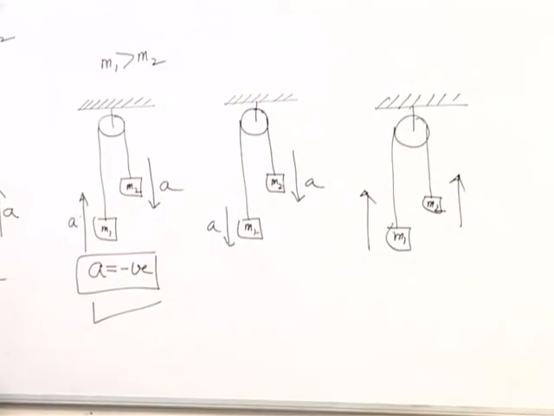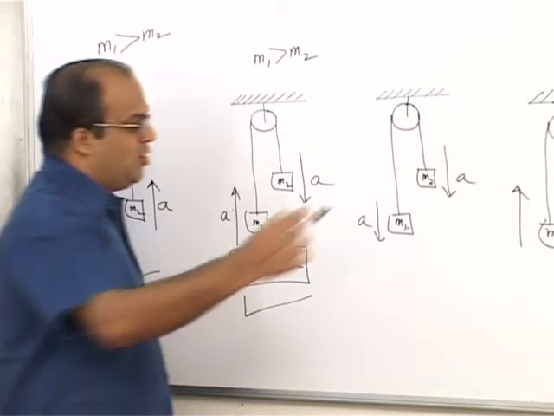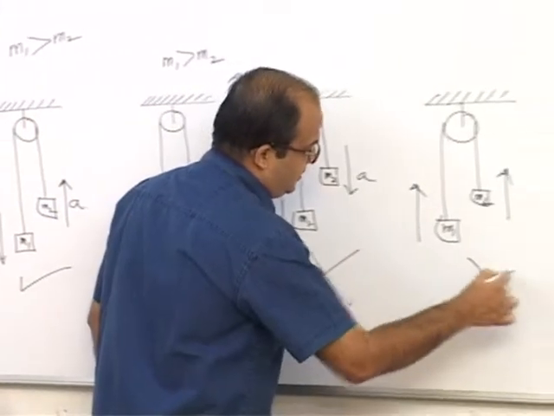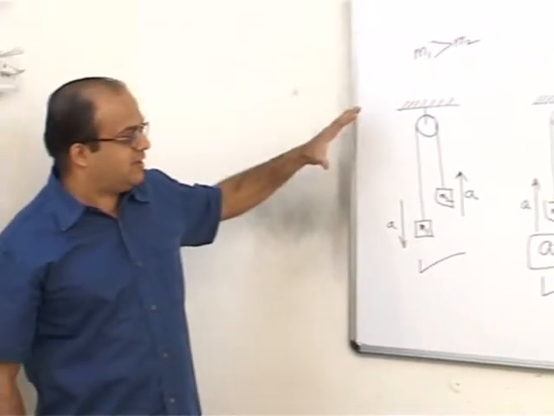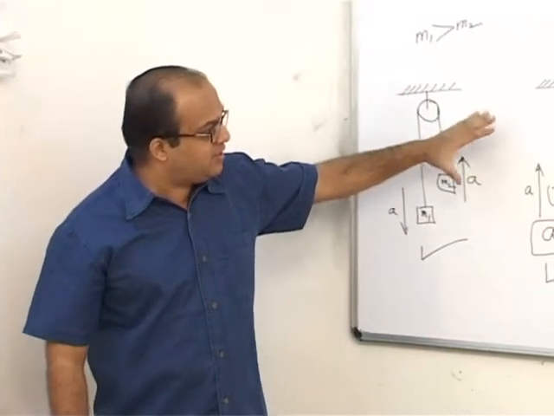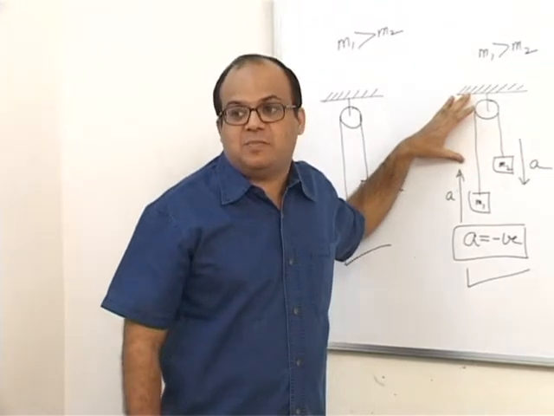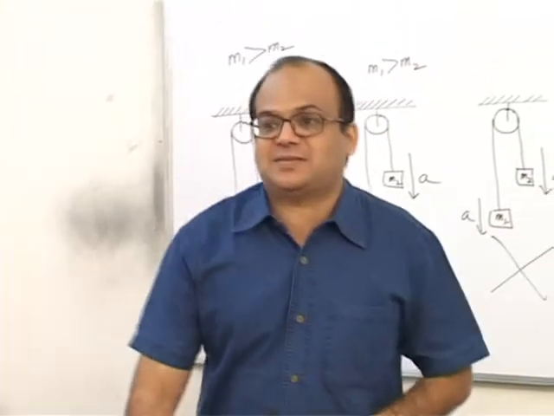This is clearly inconsistent. So, we will not be able to get the answer. So, we must fix a consistent direction of acceleration. The direction of acceleration may be incorrect, but it must be consistent.